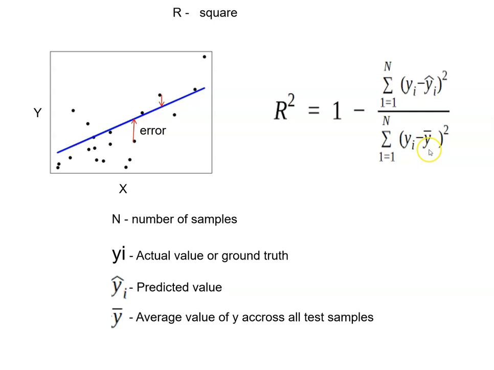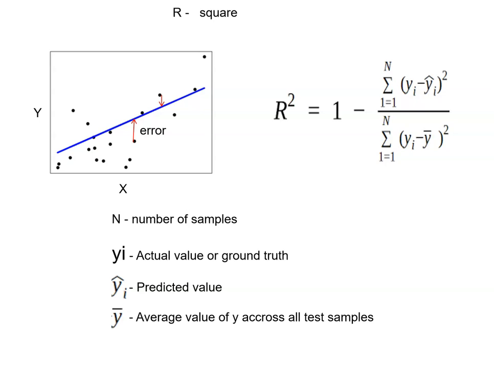So this y bar is the average of all yi's, and that difference is calculated and squared for all data points, and this is how we get the denominator.